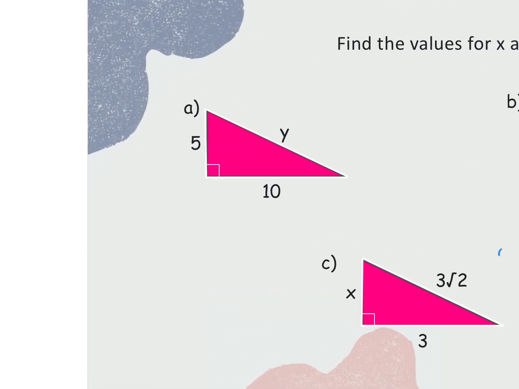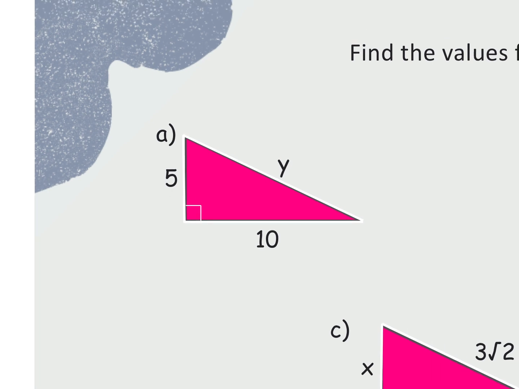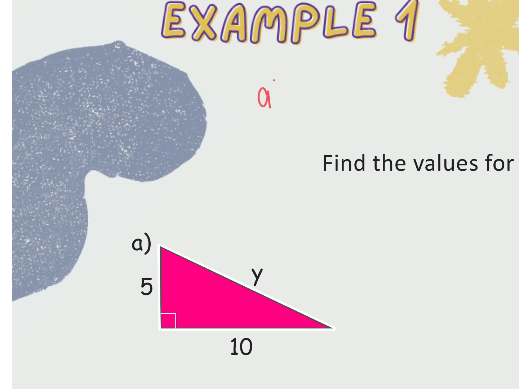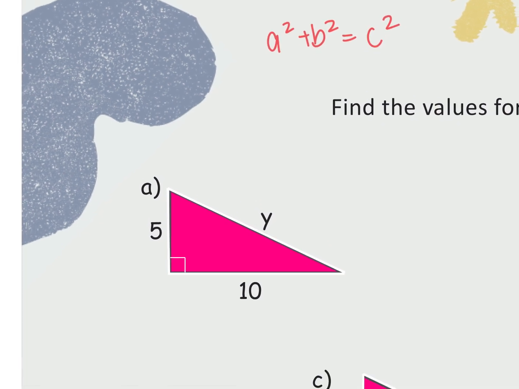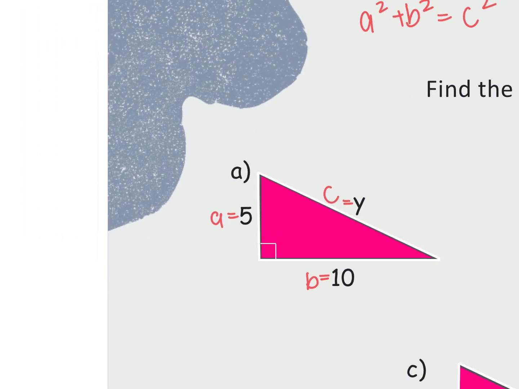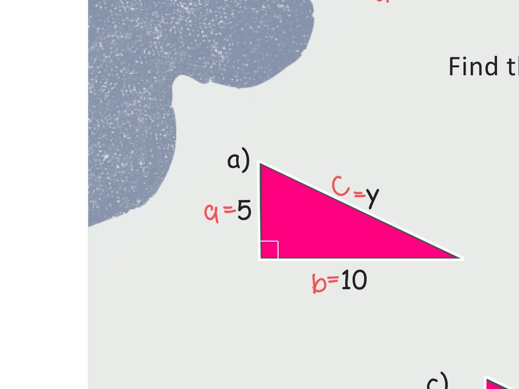Solving for A, what is the formula that I have to use? Always write it down. A squared plus B squared equals C squared. And labeling A, B, and this is my C. All right, plugging everything in.